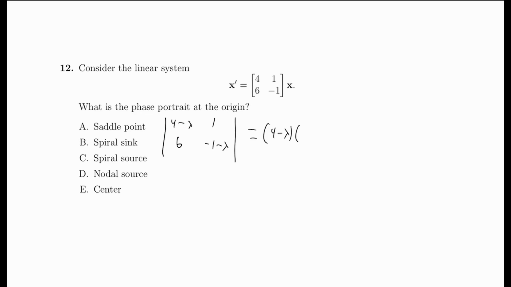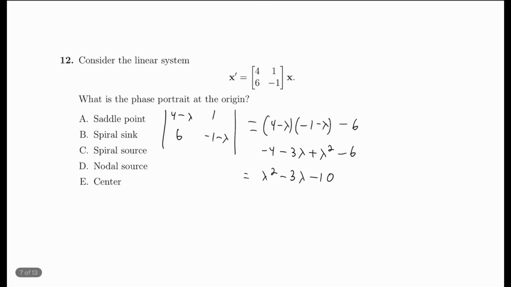That'll get 4 minus lambda times negative 1 minus lambda minus 6. You can rewrite this as minus 4 plus lambda minus 4 lambda, so minus 3 lambda plus lambda squared minus 6. And these can combine into lambda squared minus 3 lambda minus 10.